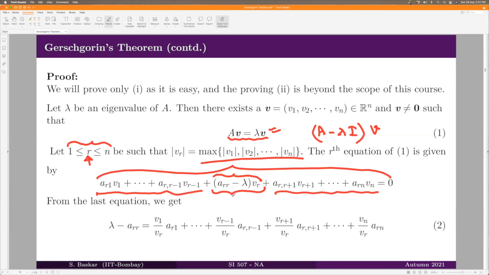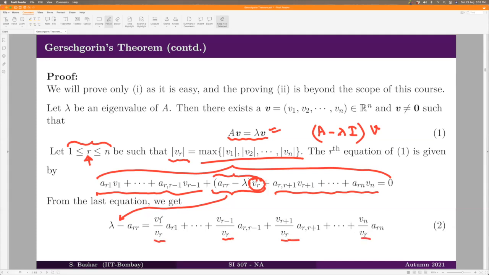Now I keep the diagonal element and its coefficient on one side, bring all the other non-diagonal terms to the right hand side, and divide both sides by V_r. Why can I do that? Because V_r is the value which has the maximum absolute value, and since V is non-zero, V_r has to be non-zero. That is why we can divide on both sides.